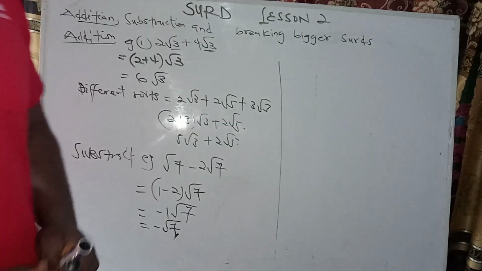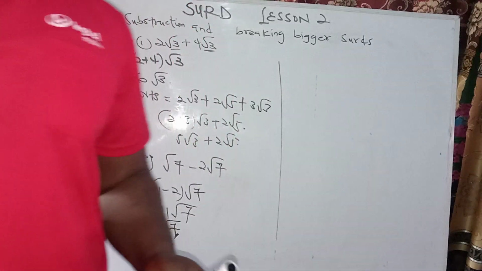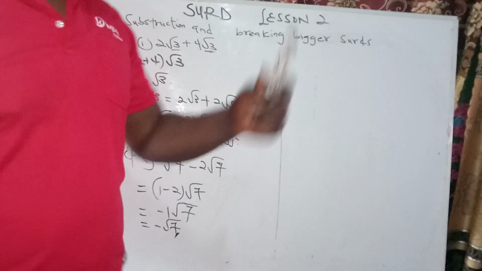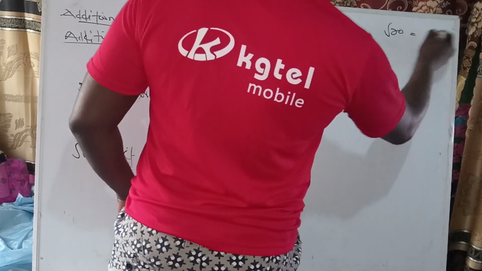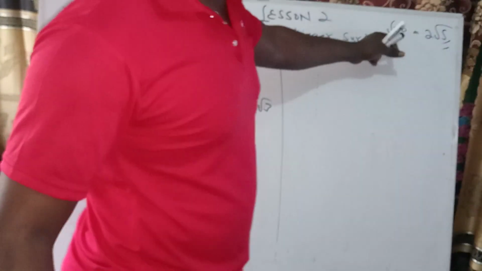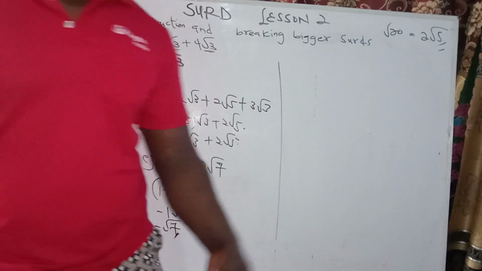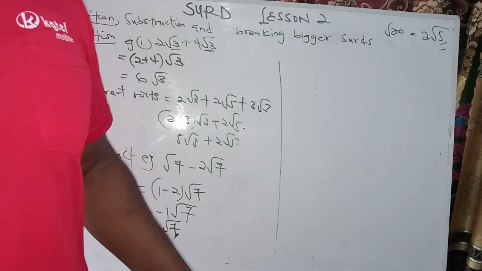Okay, let us look at something here. When we have an example, root 20, and if you break this, it's going to be 2 root 5. It's from a bigger set, but it has landed into a smaller set.